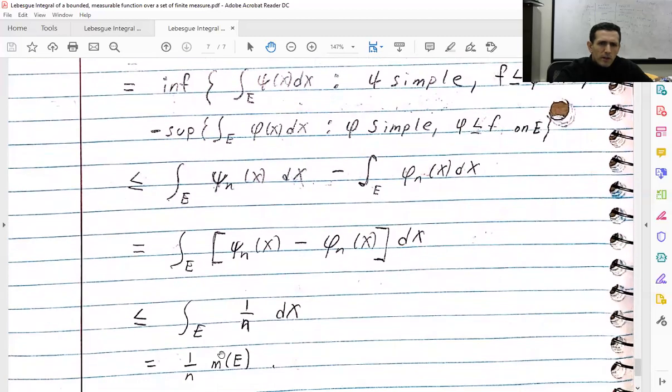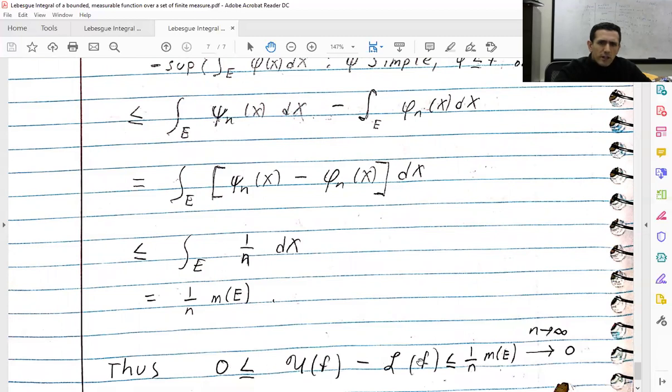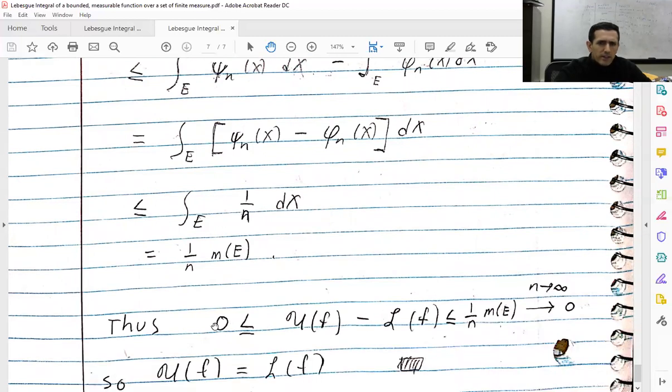Okay. And we integrate this simple function. Again, it's just the characteristic function of E times 1 over n. We get the measure of E over n. E has finite measure. So you can let n go to infinity to get that these have to be equal. And that proves the Lebesgue integrability of f.